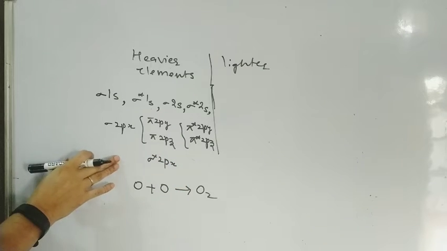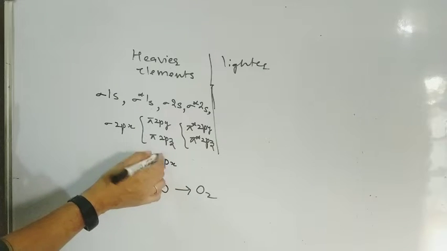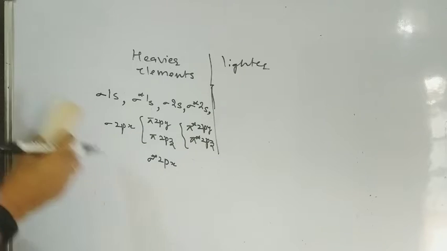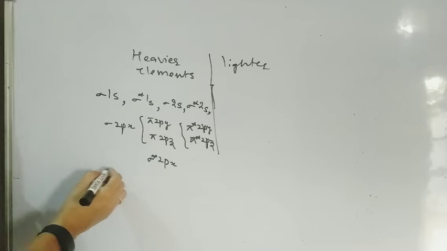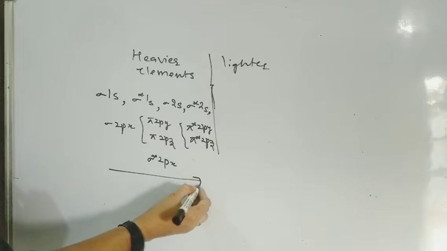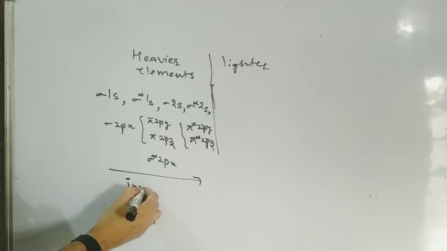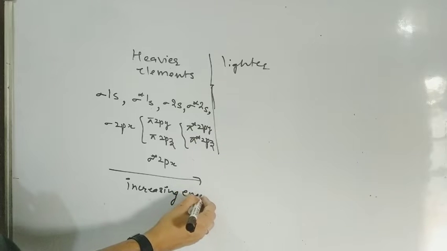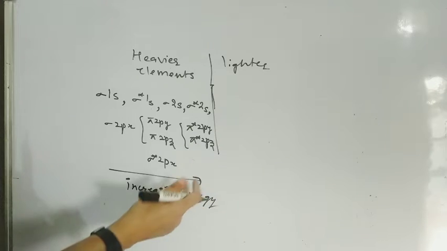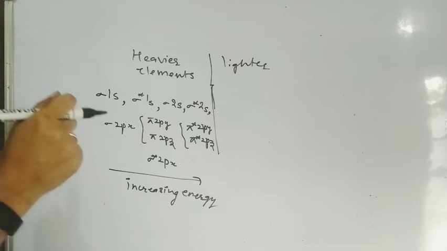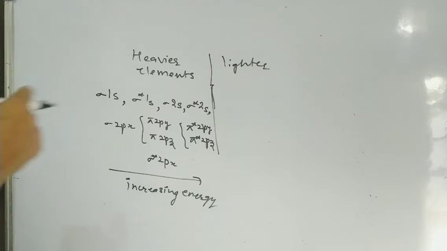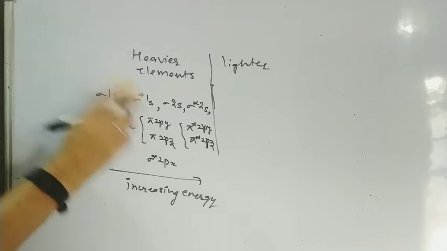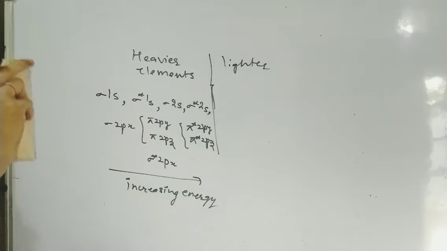We have got this electronic configuration through spectroscopic data on the basis of their energy, in increasing energy of atomic orbitals, or we can say anti-bonding molecular orbitals. Fine, this is for the heavier elements.